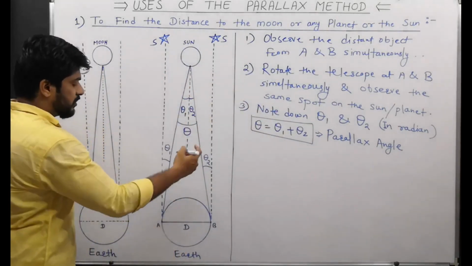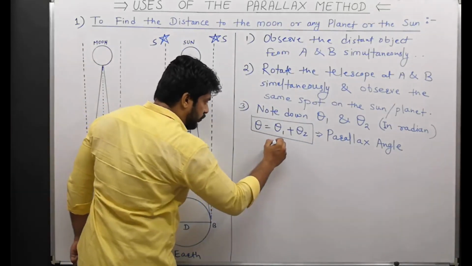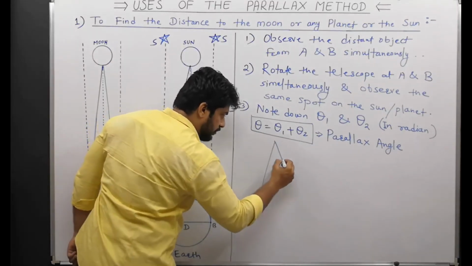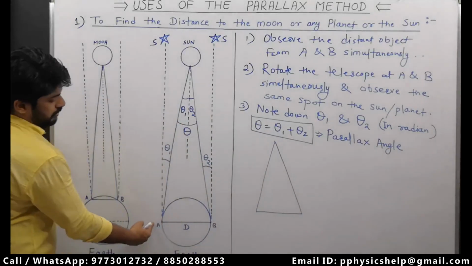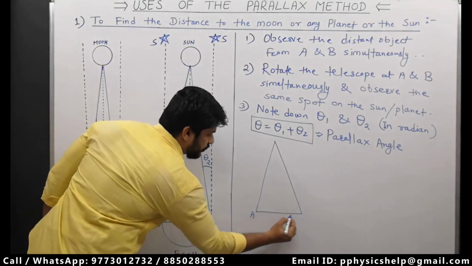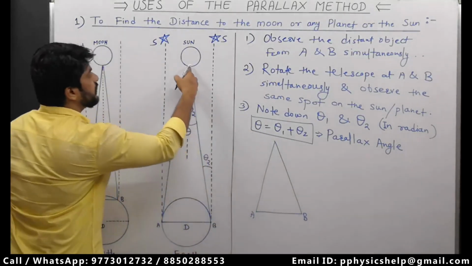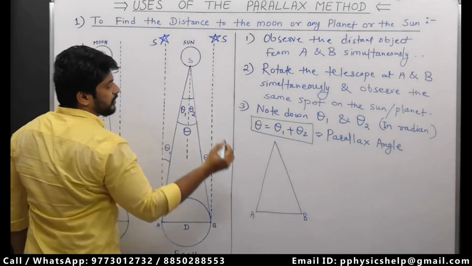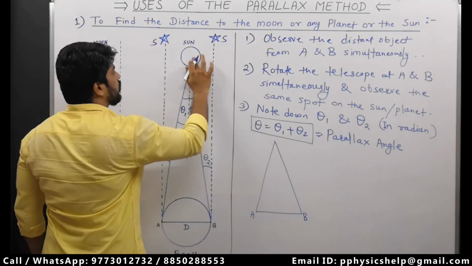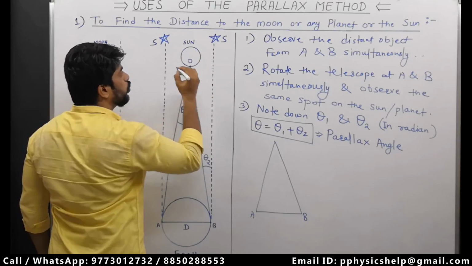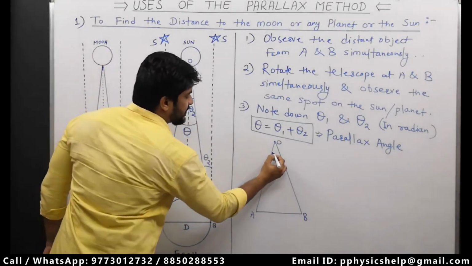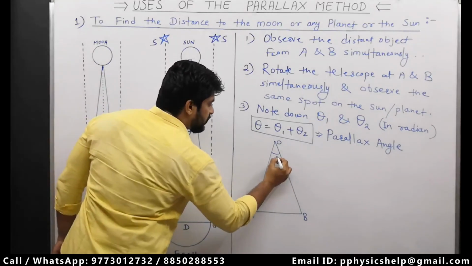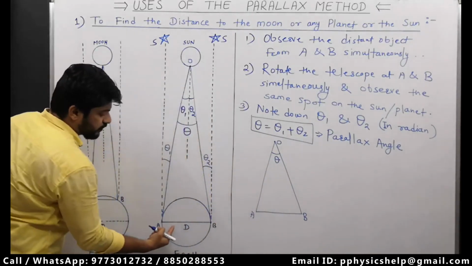Now if you check this, you have one diagram over here, something like this. You can see AB over here, and over here we have the sun actually. Let's not call this the sun, let's call this our object O. Now there is a certain angle theta. Here is the distance, and what is this distance?